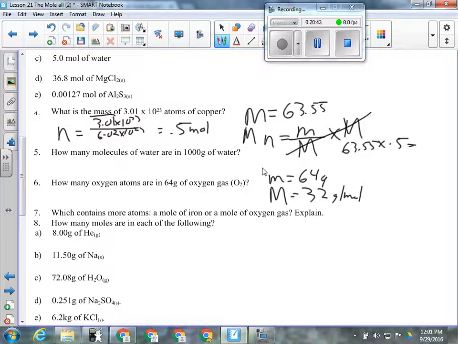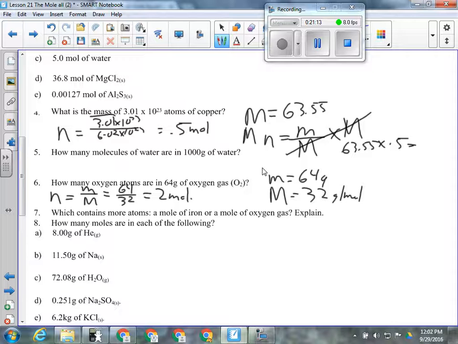If I calculate the number of moles now, that's going to be little m over big M. That's 64 over 32, which is 2 moles. Everyone all right with that? Once I know the number of moles, and I have Avogadro's number, I can multiply those two numbers together and get the number of molecules of oxygen gas. Moles times Avogadro's number gives me number of molecules.